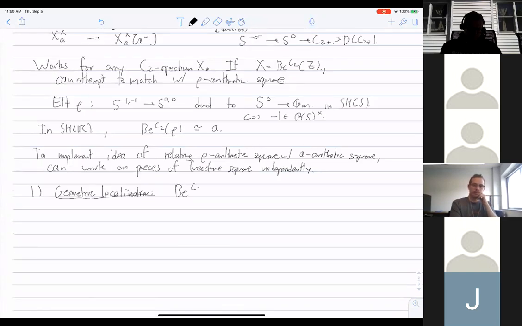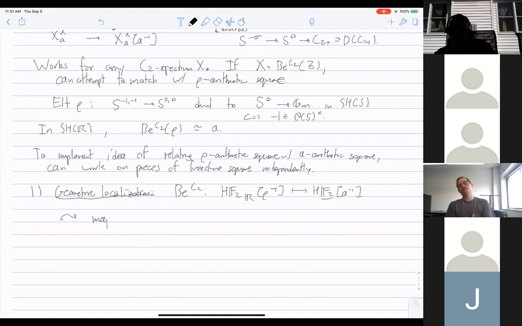Well, I told you that C2 Betti realization preserves colimits, it's a left adjoint. And it sends rho to A, so it sends HF2 rho inverse to HF2 A inverse.